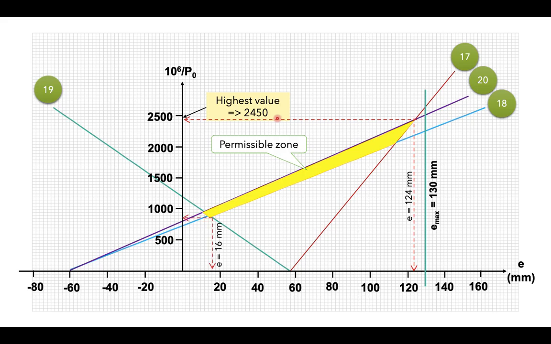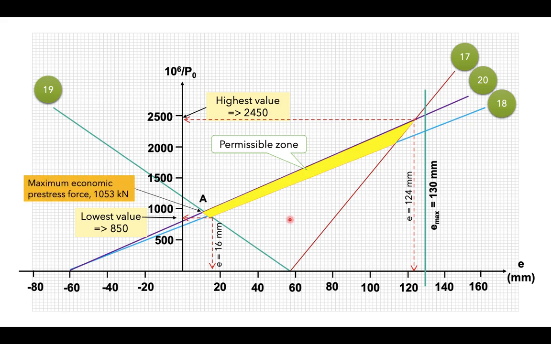Then we have the lowest value here, with the eccentricity of 16, with the lowest value of 10 to the power of 6 over P naught of 850. So these are the values that we are going to use to calculate the value of P naught. The highest value is 2450, and the lowest value is 850. So this is the graph.